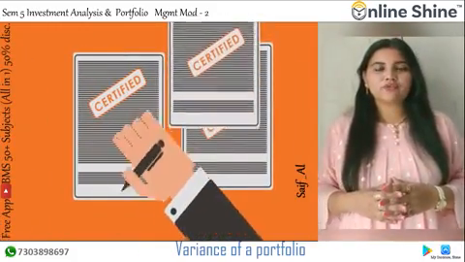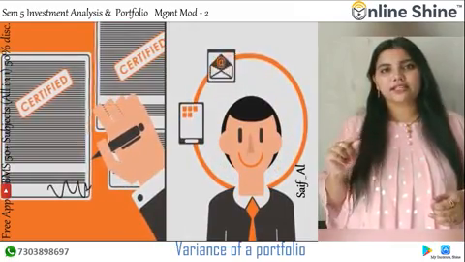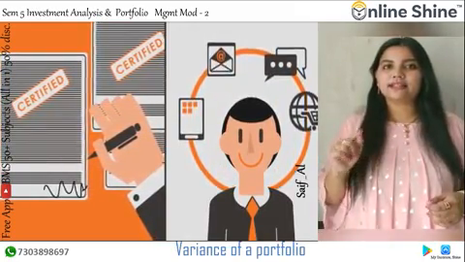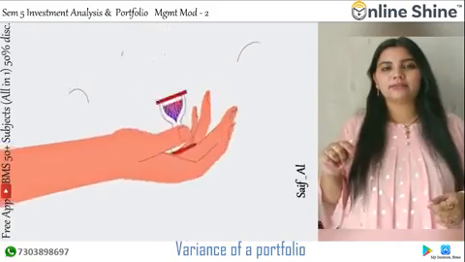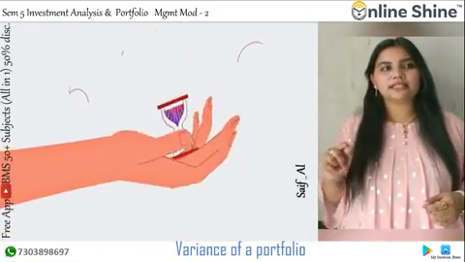Portfolio standard deviation formula is represented by sigma. In variance it is sigma square, but here it becomes square root of sigma square. That becomes sigma.